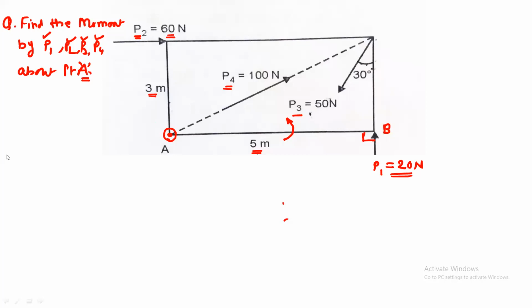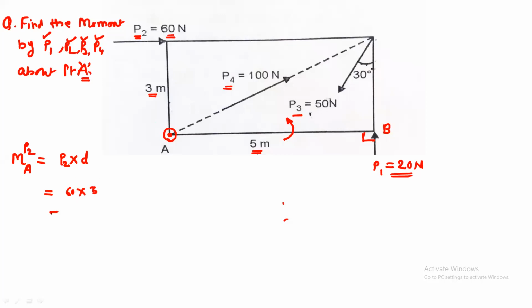Okay, so you can write the equation for moment by the second force. So moment by the second force, that is P2, about the point A, is equal to force P2 into perpendicular distance D. So P2 is 60, distance D is 3 meter.